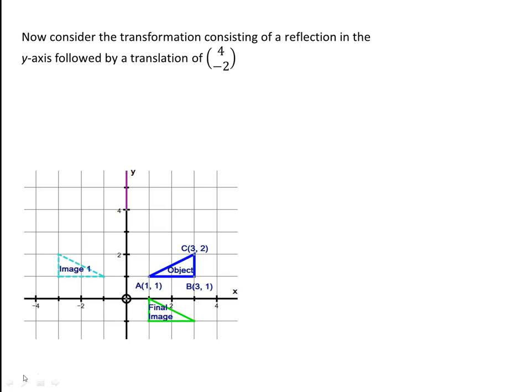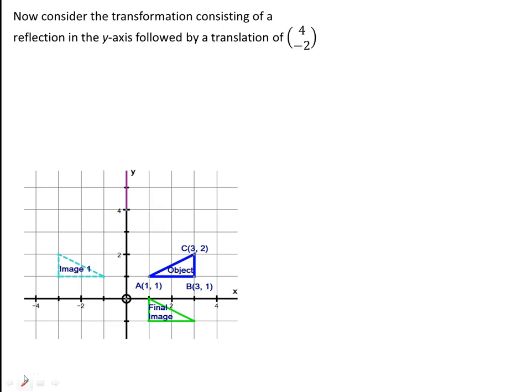If we think in terms of a sketch, the blue triangle is our initial object. The dotted triangle, image 1, is what we've got after the reflection in the y-axis, and then the green triangle is the result of translating the dotted triangle by (4, -2).